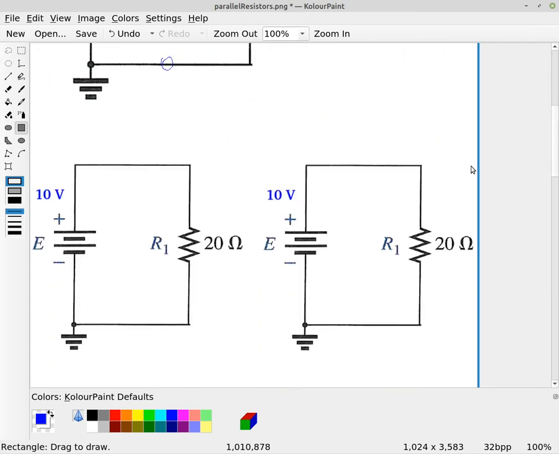Alright, so let's consider we have two of these circuits. So for each one of these circuits, if we were to put a current meter, we would have half an amp flowing into this 20 ohm resistor.